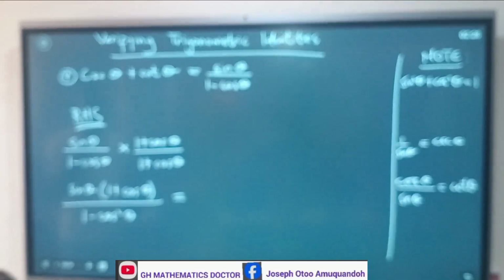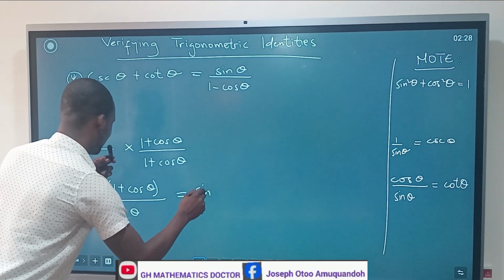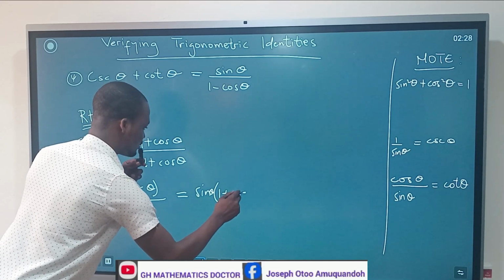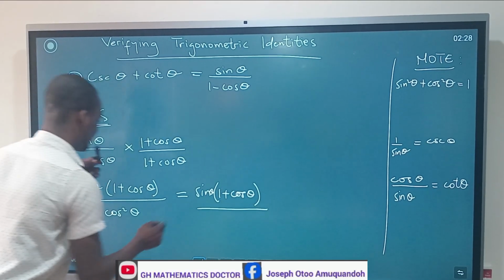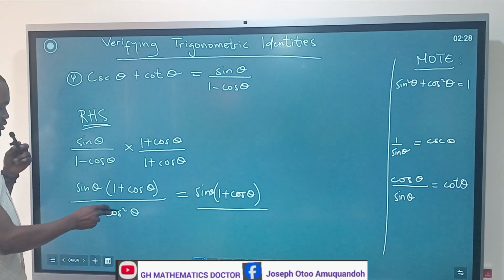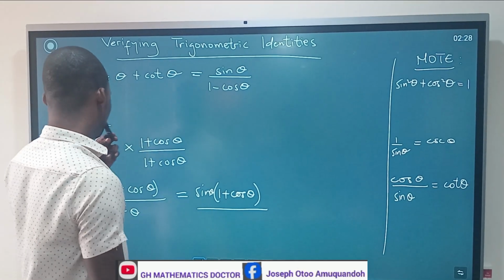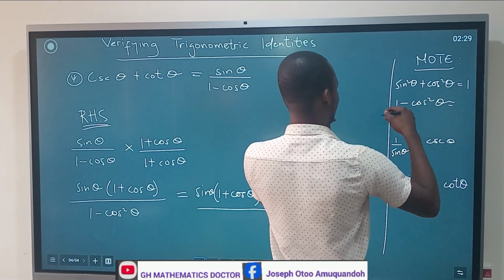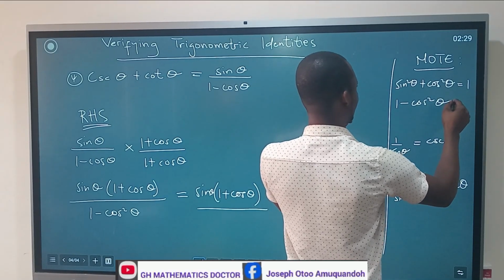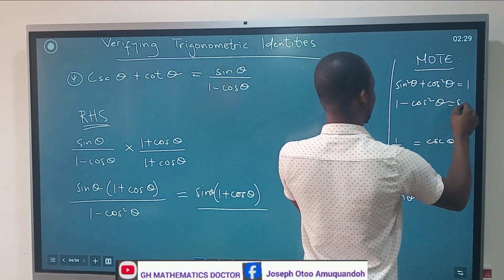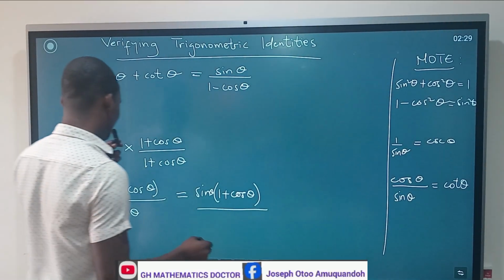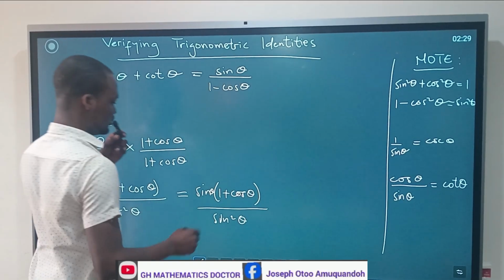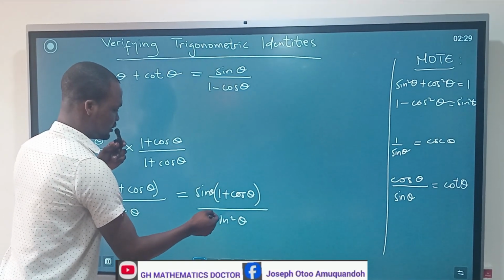Now over here, we are going to use the sin θ to work out the 1 + cos θ, all over. Now let's look at this one. 1 − cos² θ is going to be sin² θ, so I'm going to replace this by sin² θ. So sin θ and sin² θ are going to cancel out the power.